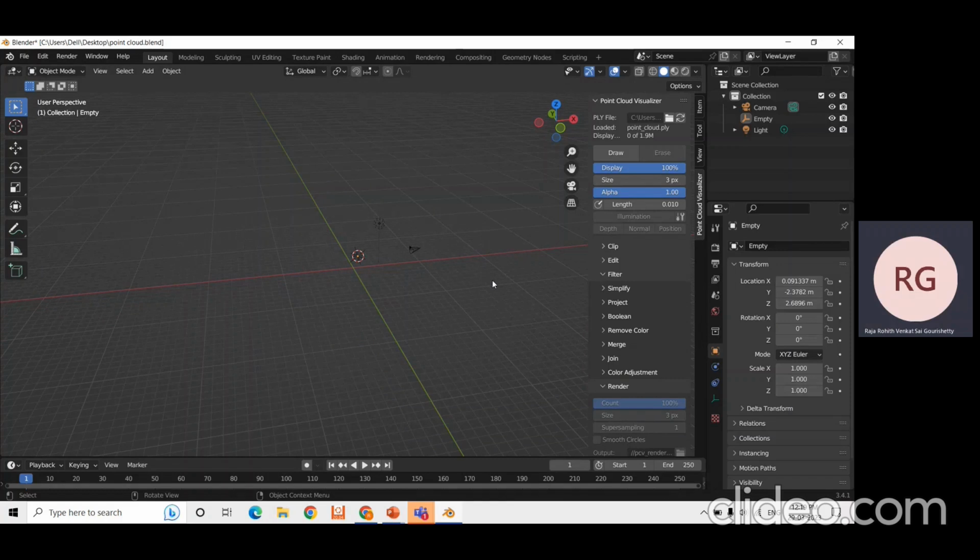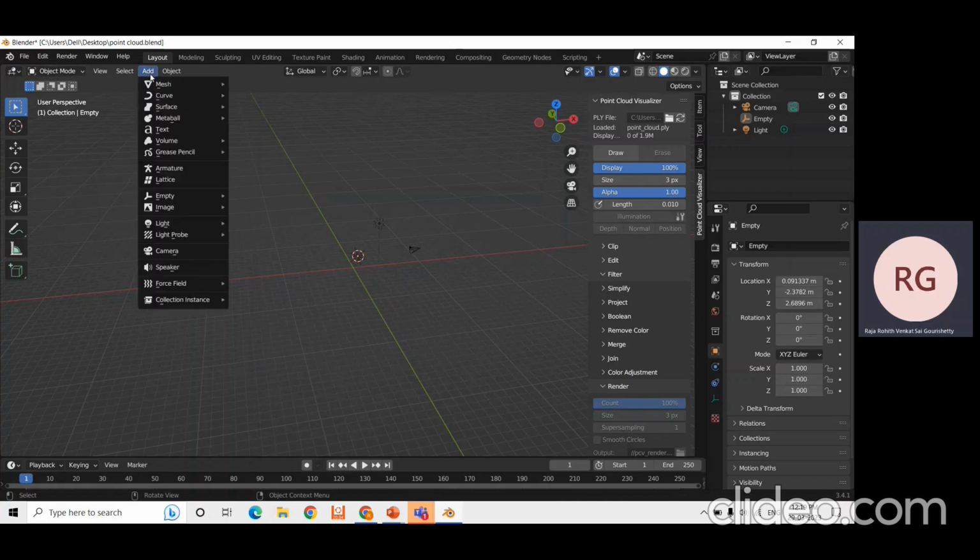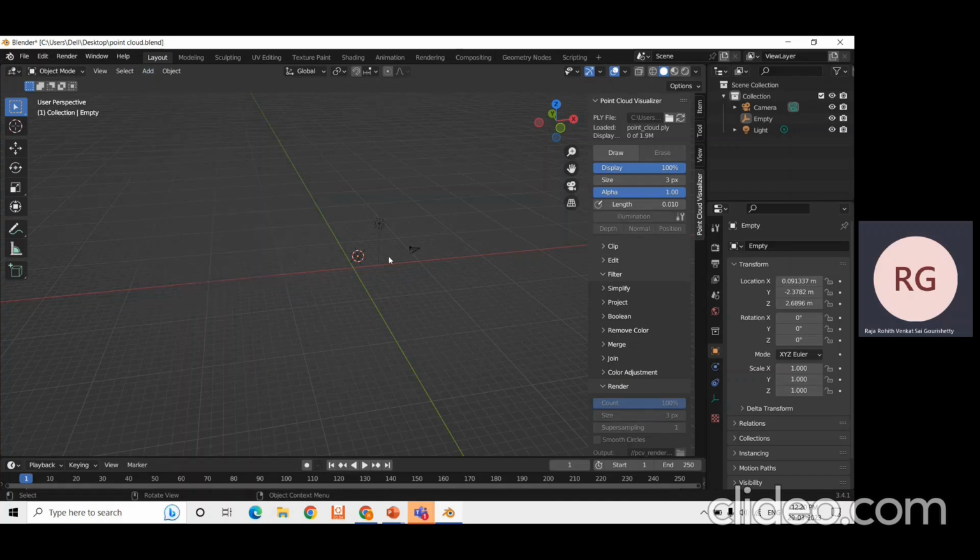Before loading it, we should create an empty object because there should be at least one basic object so that the point cloud visualization can be observed. We can add that empty object in object mode. When we click on add and click on empty, we can add a plain axis. I've already added that empty object here.